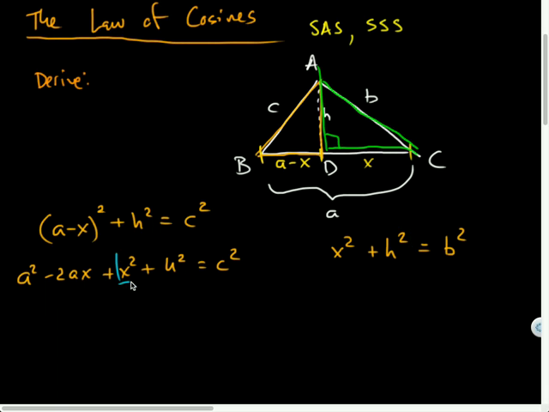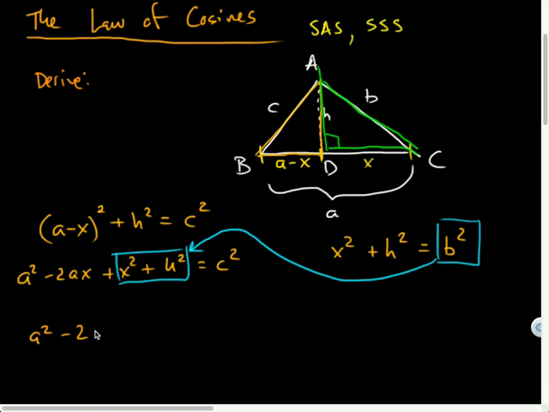Over here, right? So I can substitute this guy for that guy. So that will be a squared minus 2ax plus, and replace this all with b squared, is equal to c squared.